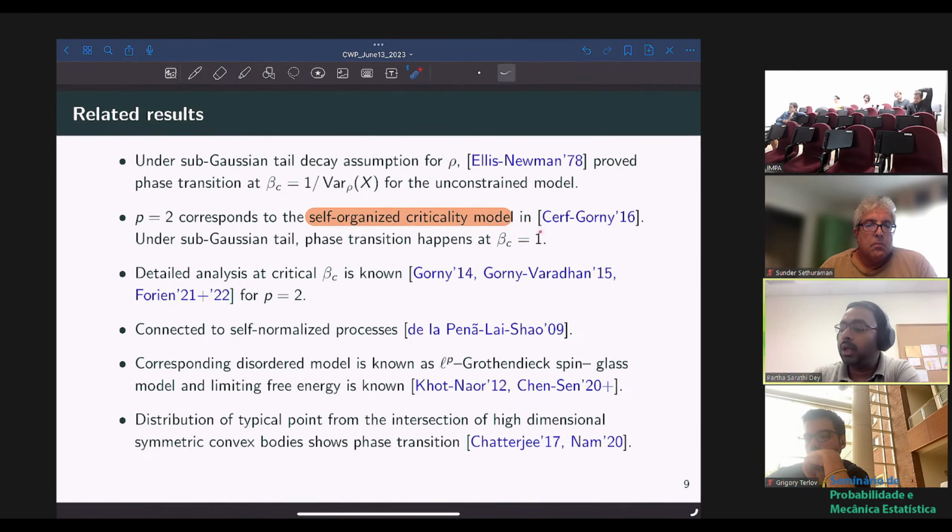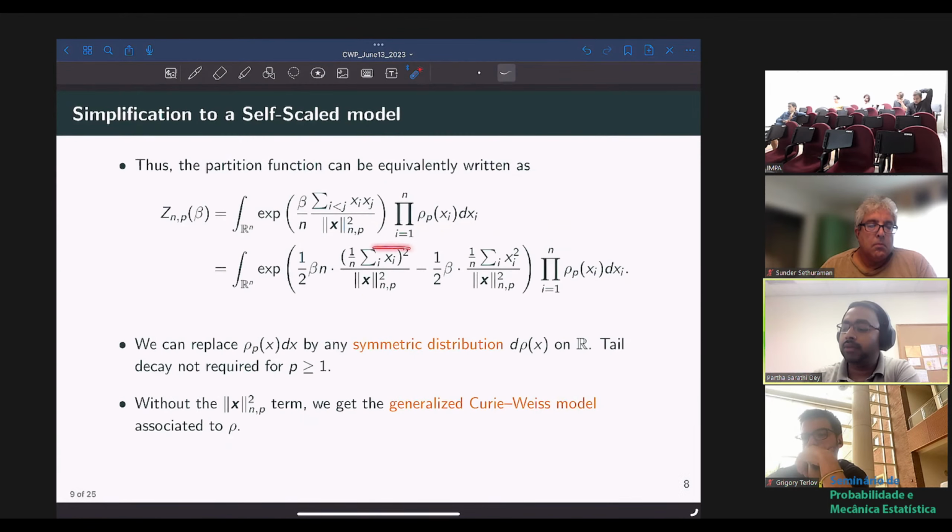Now you might ask, why is it 1 here? Why not 1 over the variance? The reason is that the variance does not really matter here because the model is scale invariant. If I scale xi by any constant, it will be the same, so I can always assume my variance is 1 if we have appropriate assumptions on the tail decay.